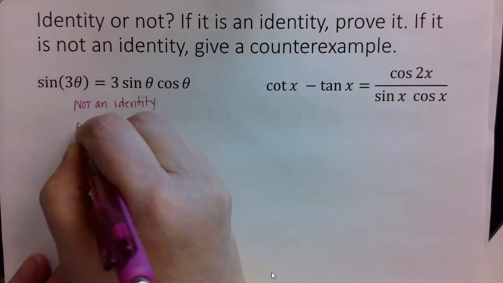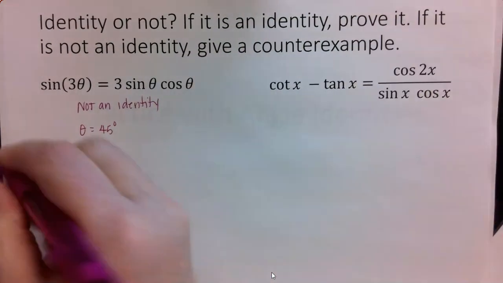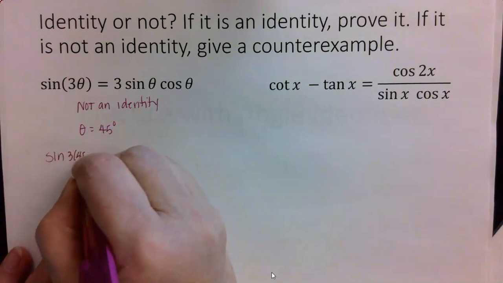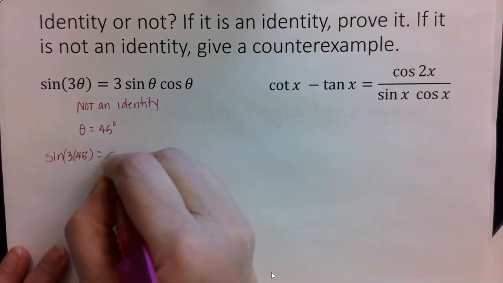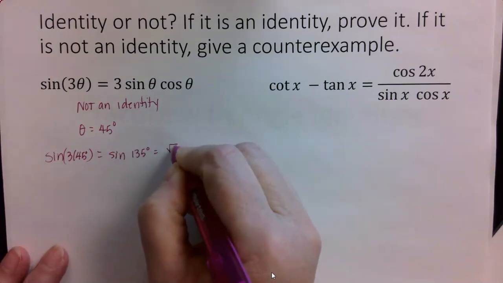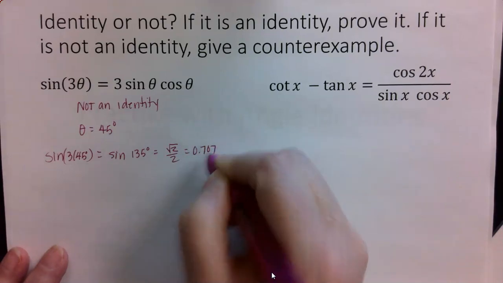I'm going to say theta equals 45 degrees. So I want the sine of 3 times 45 degrees, which is the sine of 135 degrees, which is the square root of 2 over 2, or on my calculator, it was 0.707.